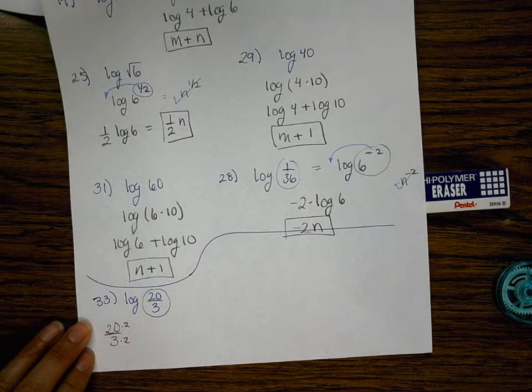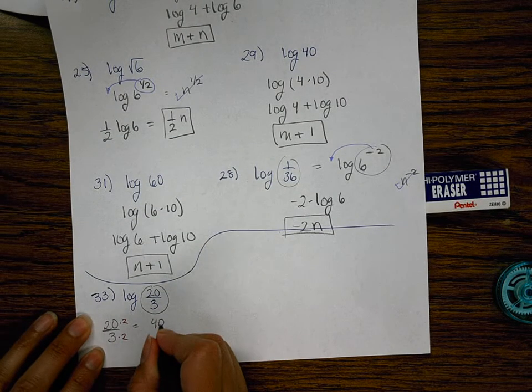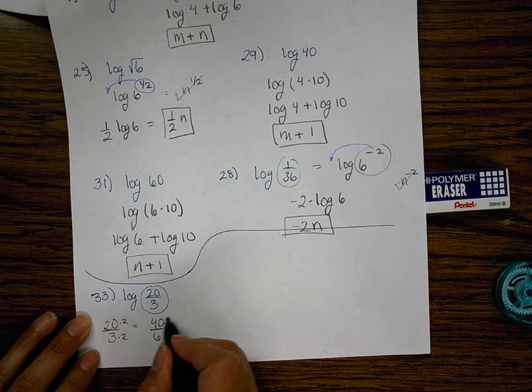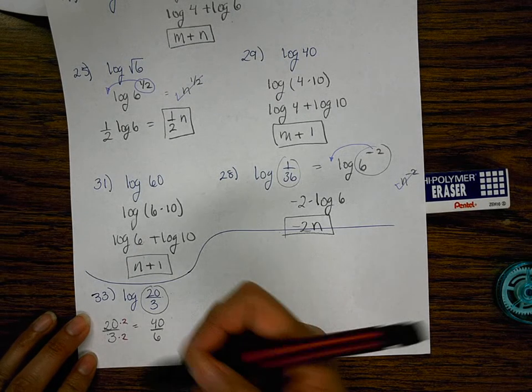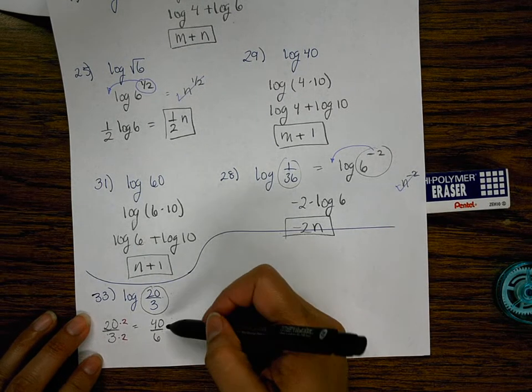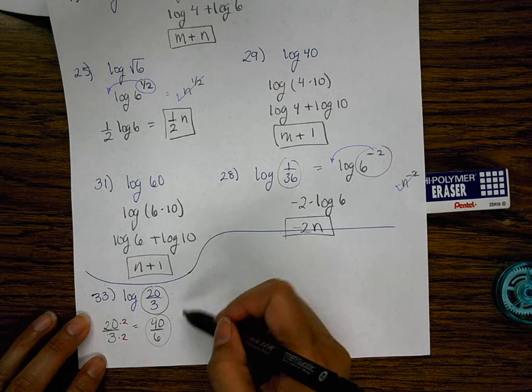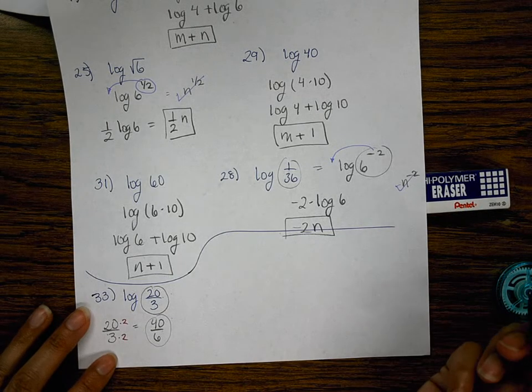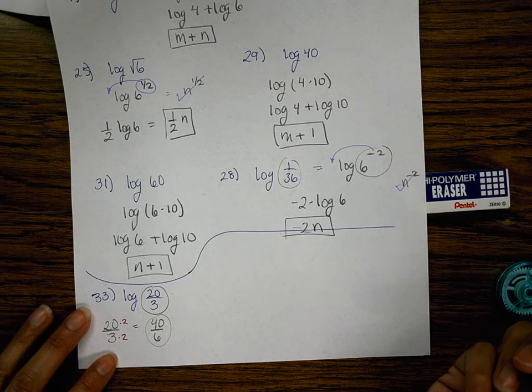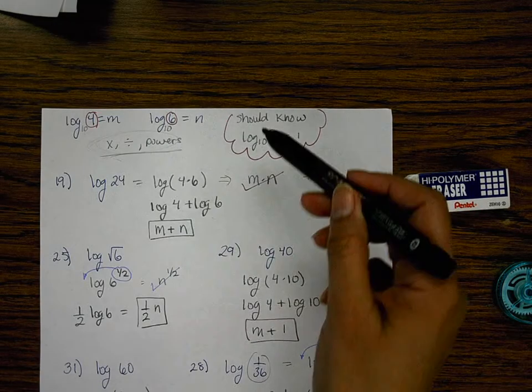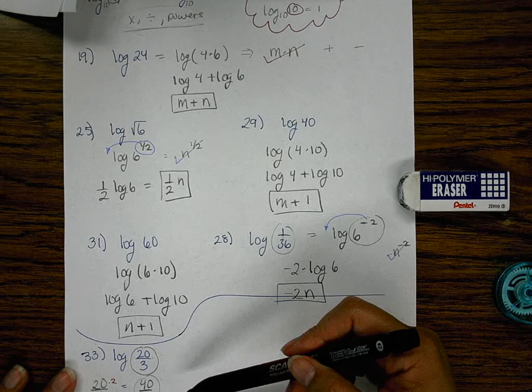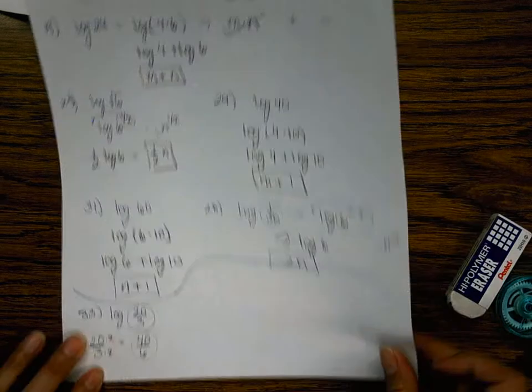20 times 2 is 40. 3 times 2 is 6. These two are equivalent fractions. You'll learn that in elementary school, equivalent fractions, because if I reduce 40 over 6, I'd end up with 20 over 3. Okay, now, is there any way to use any combination of these numbers to get 40 over 6? There is. So I'm going to put my arrow over here.